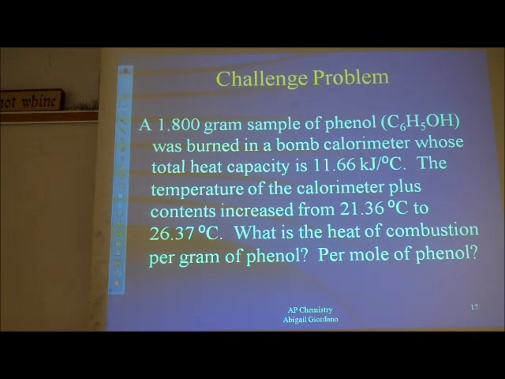So for this one, I'm going to draw a picture because it helps me. Let's read it. We have a sample of a compound called phenol. It is being burned in a bomb calorimeter. Stop right there. I'm going to draw a picture.